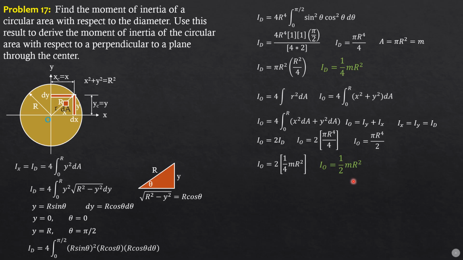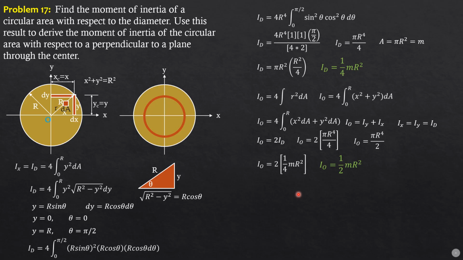Then finally, another way which is simpler, by considering a circular ring as strip, so that it will represent the entire moment of inertia with respect to the origin of this circle.